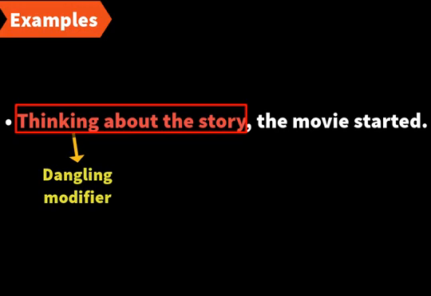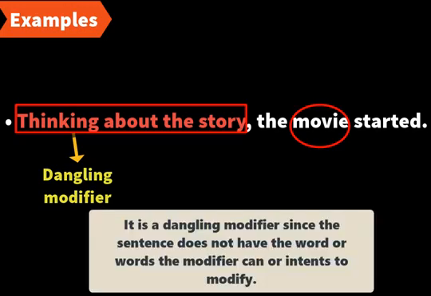Now thinking about the story, it's a modifying phrase giving information about the word that comes next to it. And what is that? The movie, right? Now guys, think, can a movie think about something? Is a movie a person? No, it's not. The sentence has nothing that this modifying phrase can modify. So we have a case of a dangling modifier, which means this modifier has nothing to modify in the sentence.